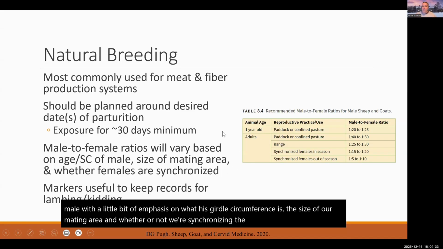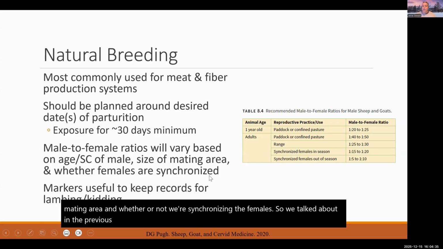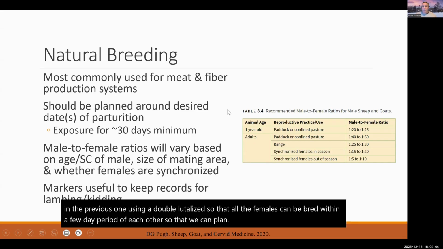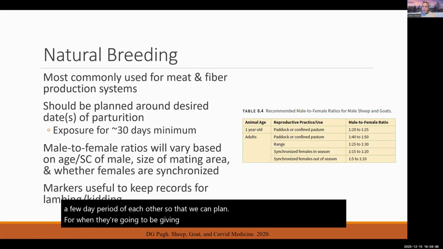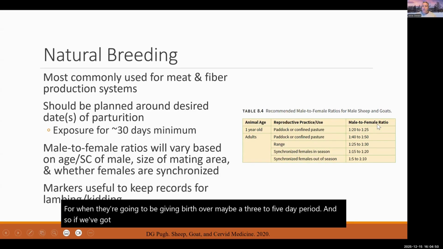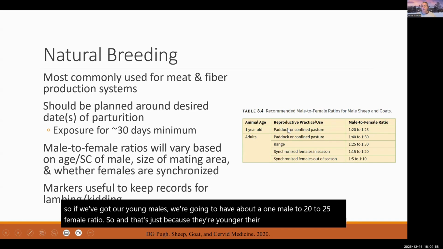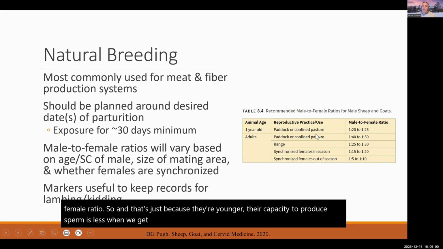We talked in the previous one about using a double lutealyse so that all the females can be bred within a few days of each other, so that we can plan better for when they're going to be giving birth, over maybe a 3 to 5 day period. If we've got young males, we're going to have about a 1 male to 20 to 25 female ratio, just because they're younger and their capacity to produce sperm is less. When we get to the adults, it's going to vary a little bit.